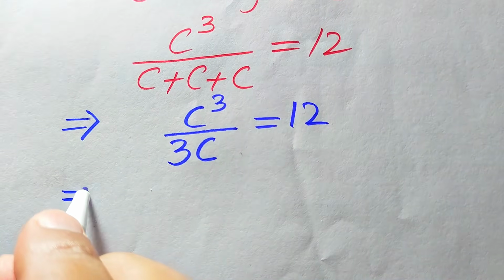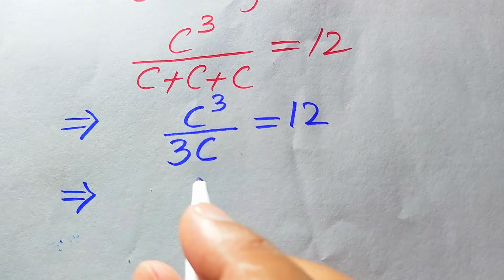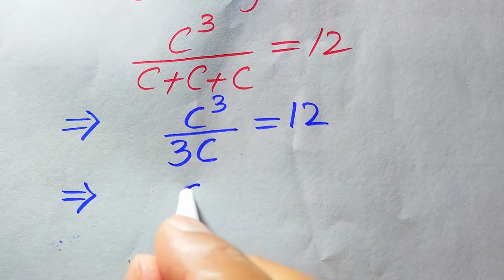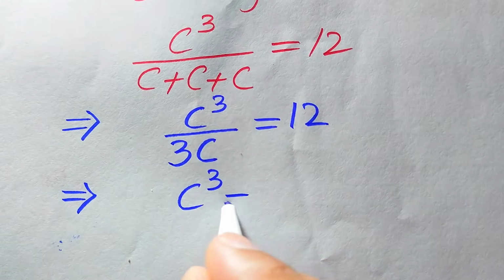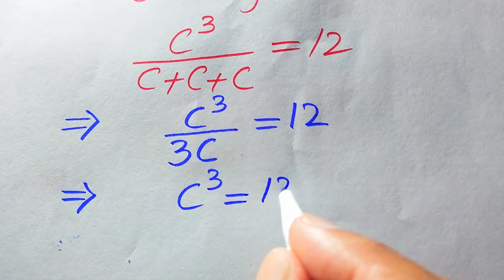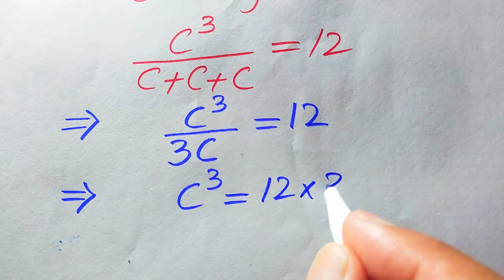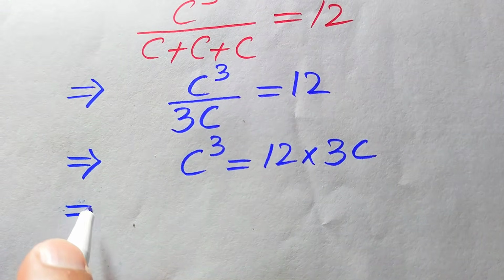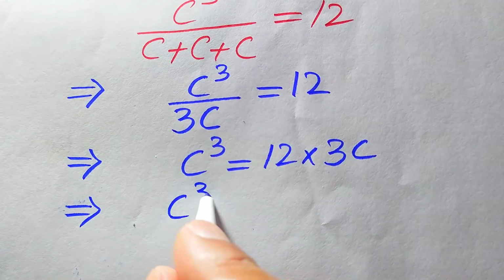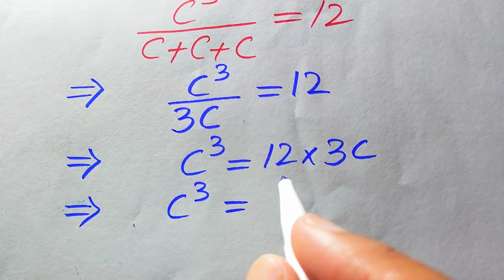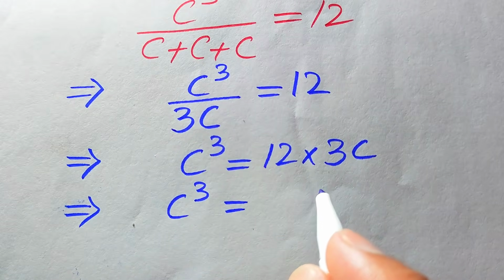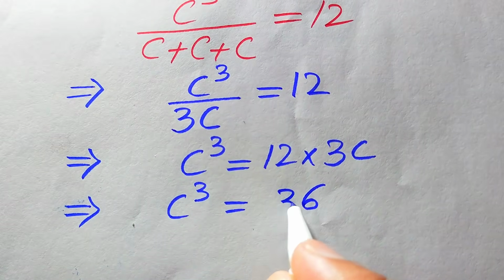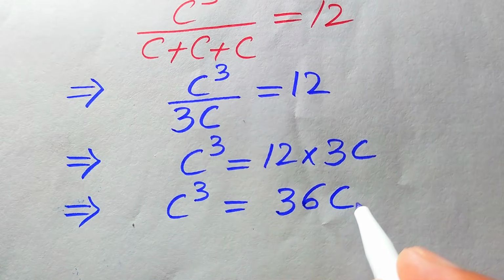Now in the next step we move the term 3c from the left hand side to the right hand side, and we get c cubed equals 12 times 3c. Here we need more simplification: c cubed equals, we know that 12 times 3 is equal to 36, so 36 times c.